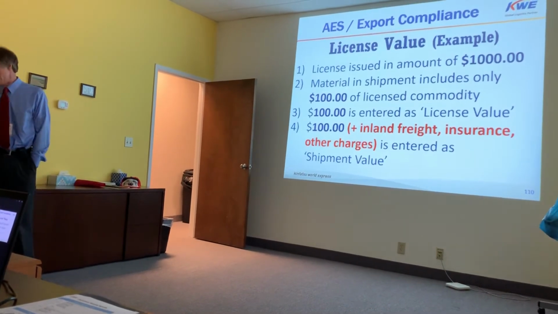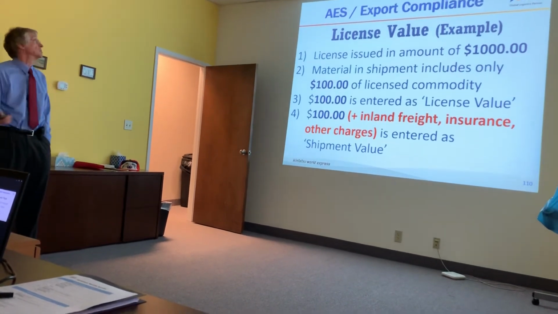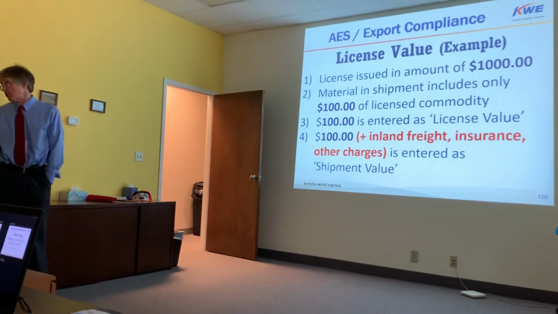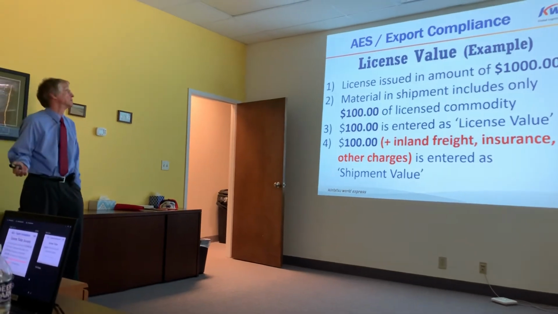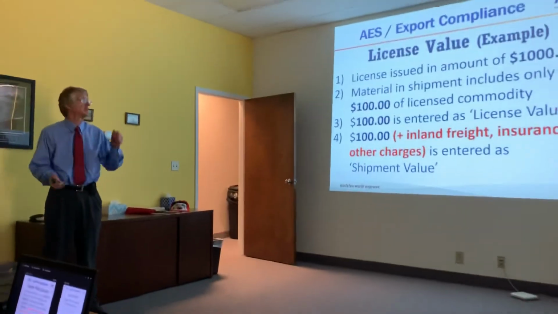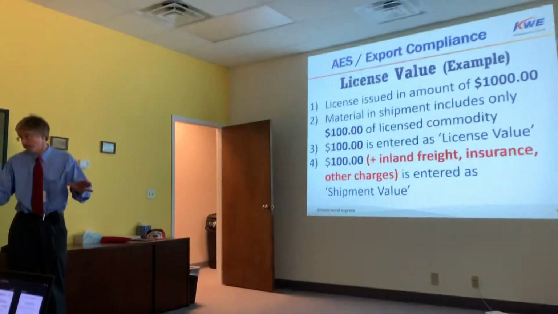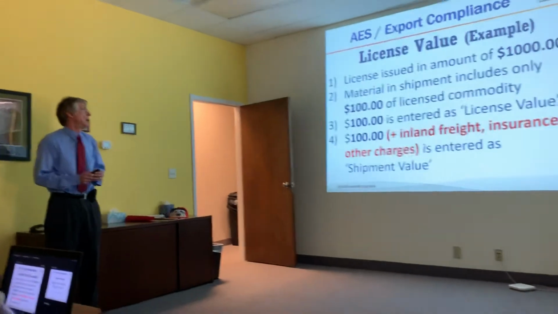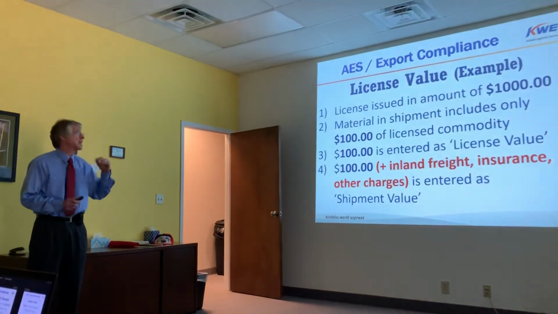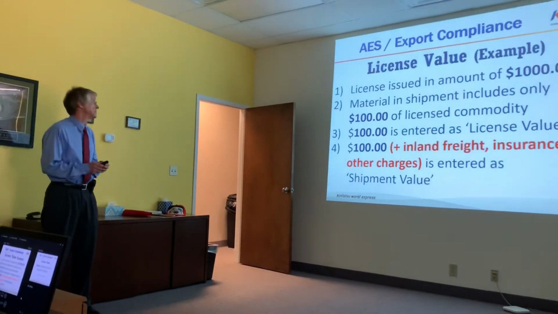So here is a simple example of how this concept works. A license was issued in the amount of $1,000. You're handling a shipment against that license that's worth only $100, just a part of what was licensed. You enter $100 as the license value in AES.